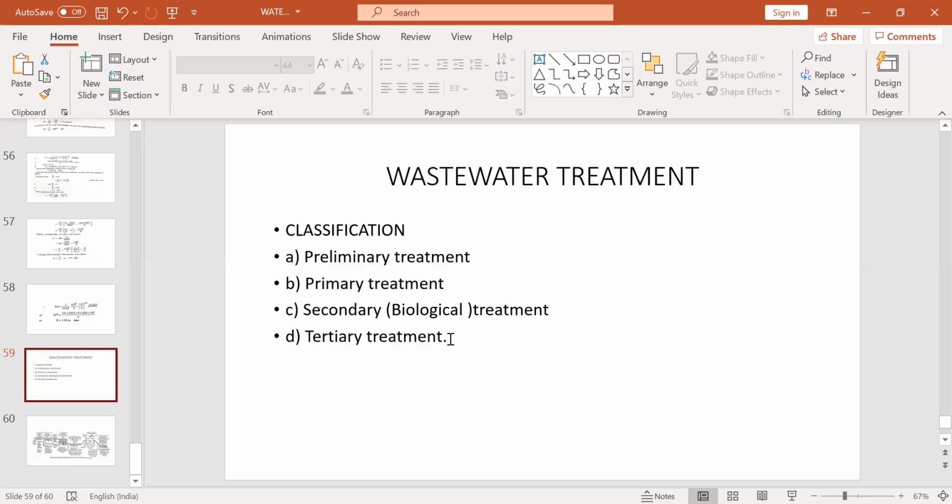Tertiary treatment, this is very rarely used. This is used mainly in major and bigger cities, where you need more effective effluent coming out from the sewage. Here a greater degree of BOD removal is required, then you use this tertiary treatment. It is nothing but chlorination.